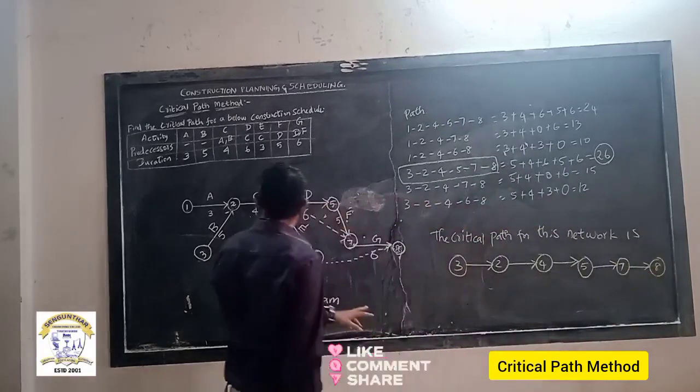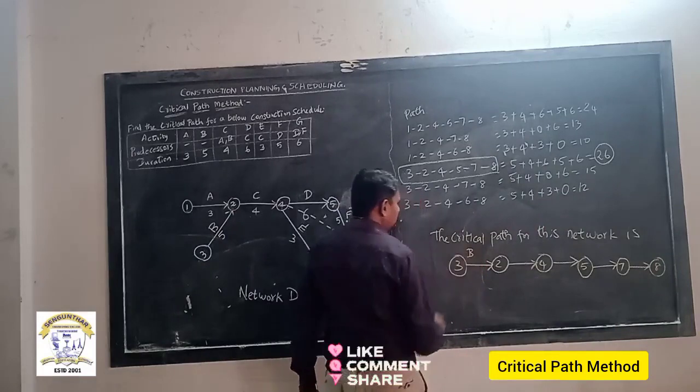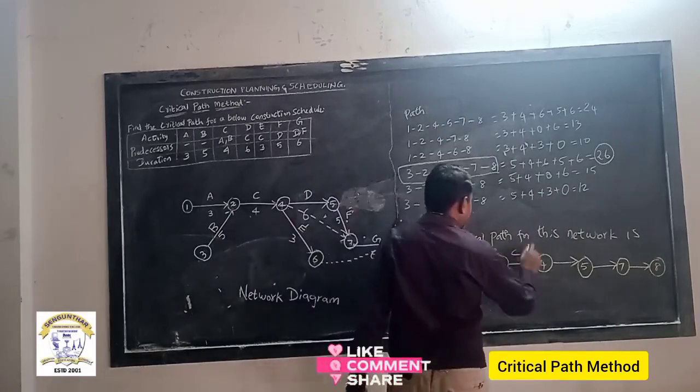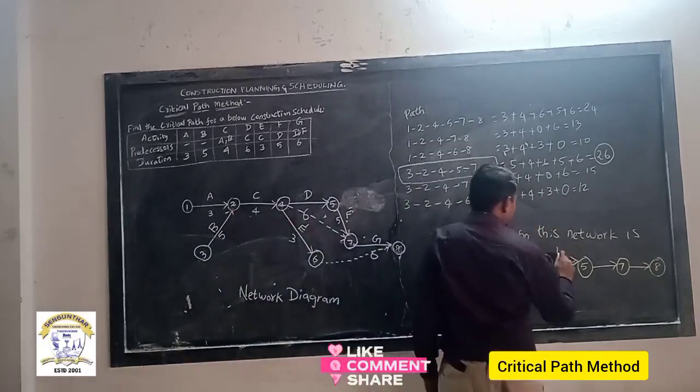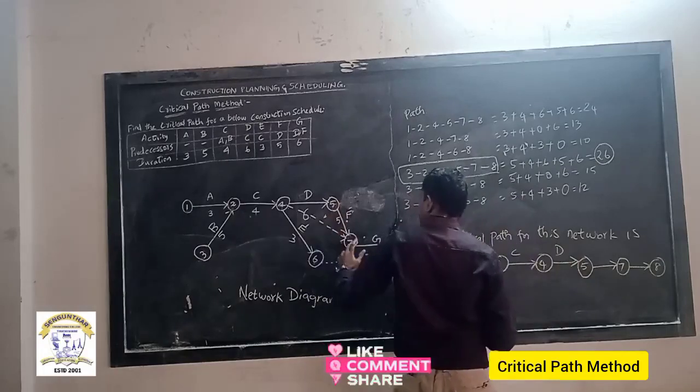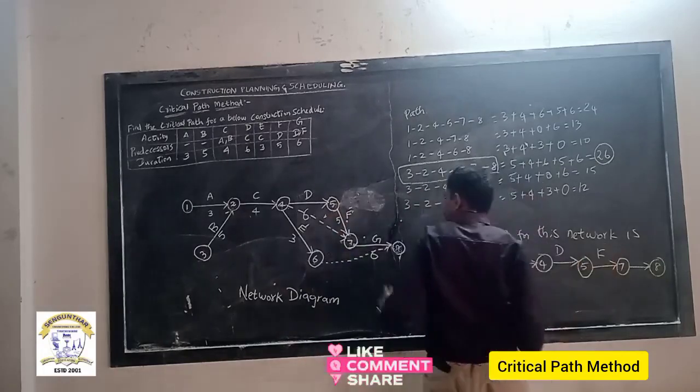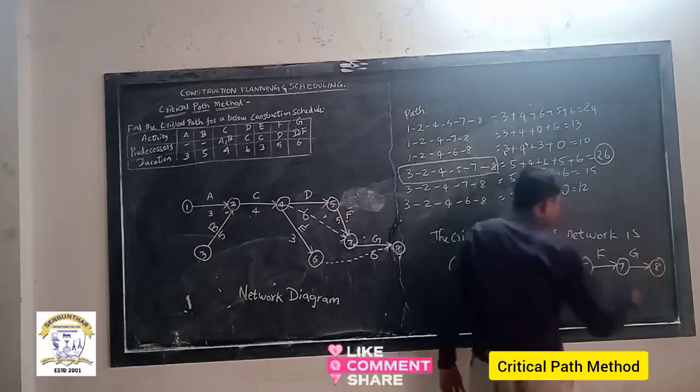Right? 3 to 2 is the B activity, 2 to 4 is the C activity, 4 to 5 is the D activity, 5 to 7 is the F activity, and then 7 to 8 is the G activity.